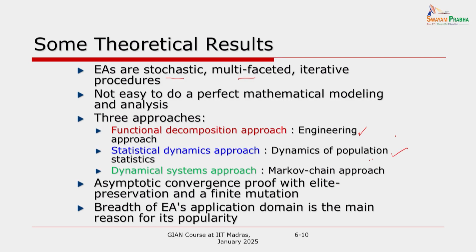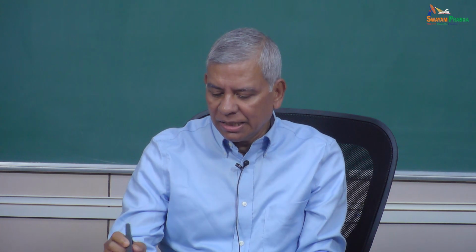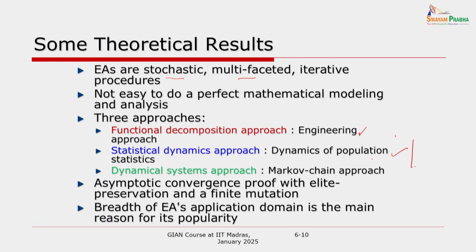Unfortunately, for this you need a precise fitness function. Otherwise, you cannot do this. So they could do it for very simple fitness functions like a square function, linear functions. They look at the whole population statistics. For example, I have a population, I have the function value, right? How is the average going to grow with iterations?